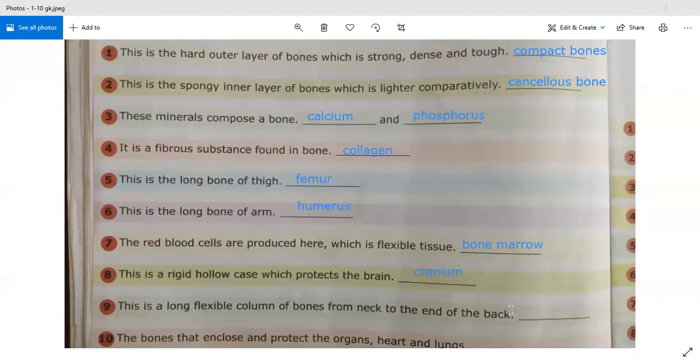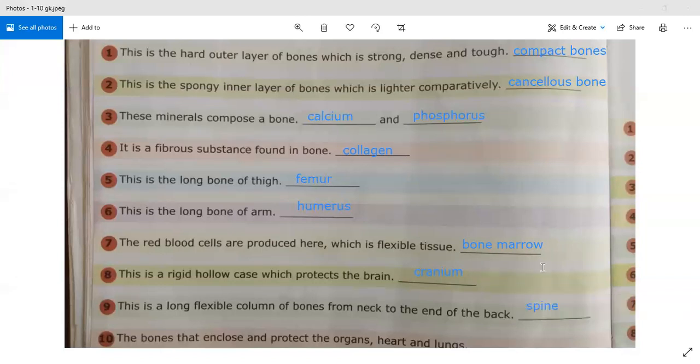There is one name used for that bone, which starts from the neck and ends at the back. While talking to you, I have spoken the name of this also: keep your spine straight while sitting. Yes, its name is spine.